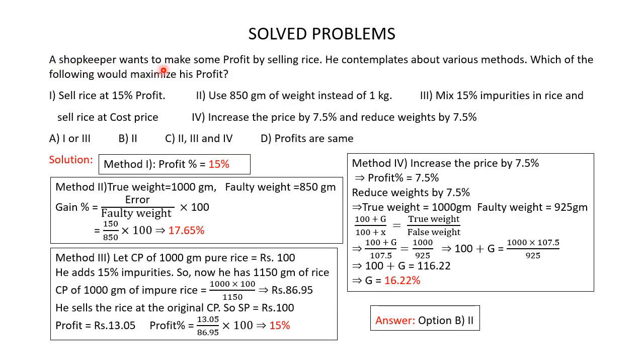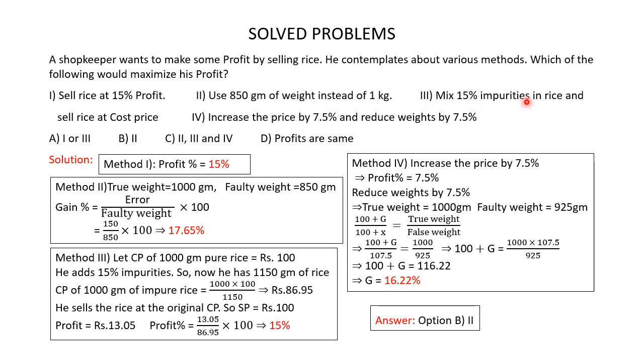A shopkeeper wants to make some profit by selling rice. He contemplates about various methods. Which of the following methods would maximize his profit? Method 1. Sell rice at 15% profit. Method 2. Use 850 grams of weight instead of 1 kg. Method 3.